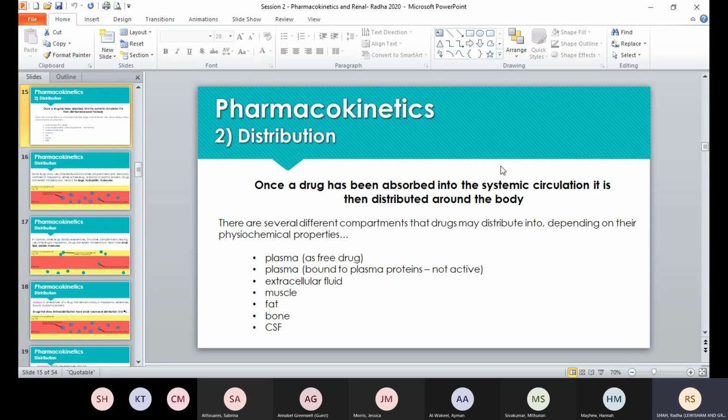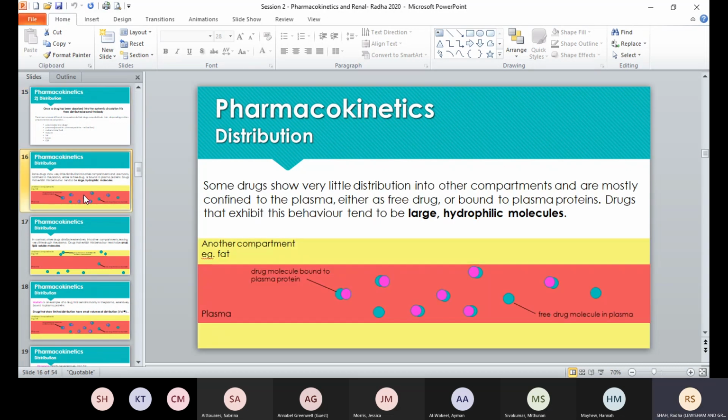Does it get bound to plasma proteins? Extracellular fluid, does it go there? Does it go into the muscle, fat? Does it go to the CSF? Does it deposit in the bones? So there's loads of places where the drug could go, and we need to study where it gets deposited. So this is a little example of the plasma and then the fat.